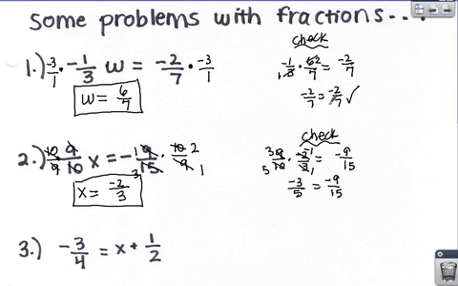Now don't let this confuse you, because negative 9/15 is not reduced. So when I reduce it, and I divide both the numerator and the denominator by 3, I do get negative 3/5. So this worked. X equals negative 2/3.